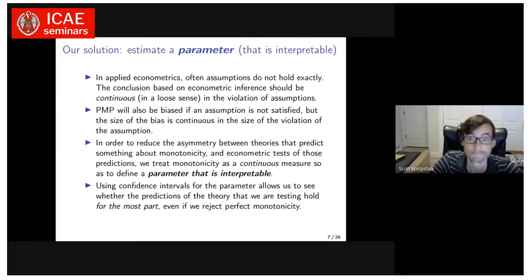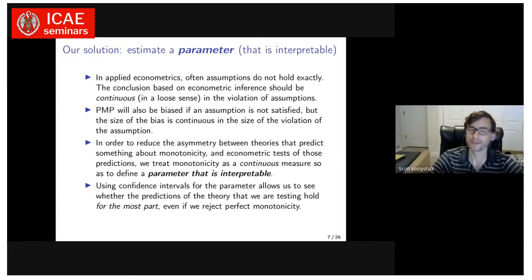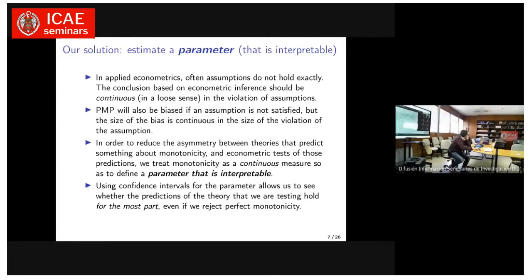Excuse me, please. We are wondering, do you have an example? Did you do a simulation or a real example where this problem is important? You know what I mean? Yeah, I know what you mean. An example showing that the tests of monotonicity actually do reject when you have a small violation.